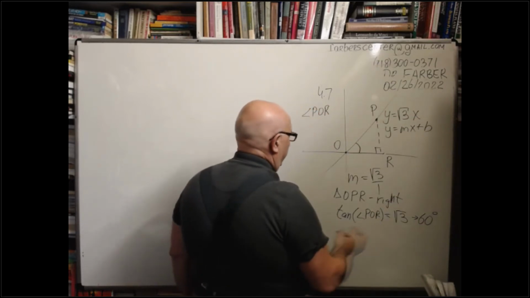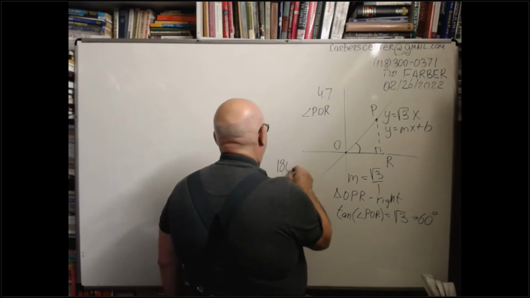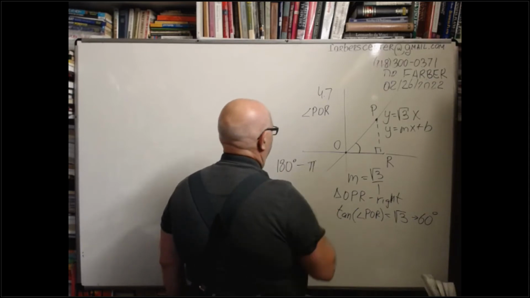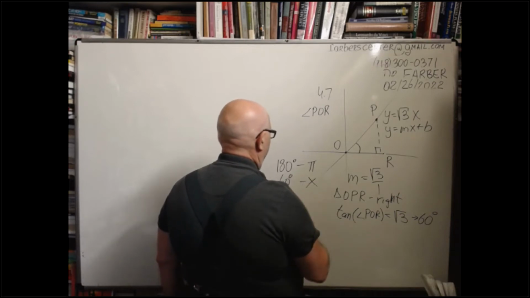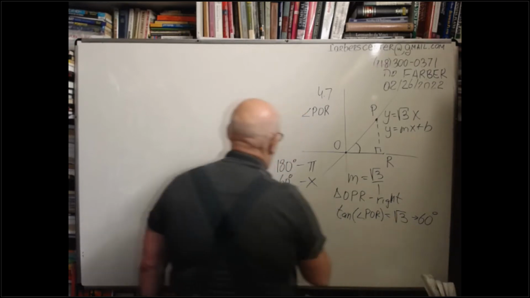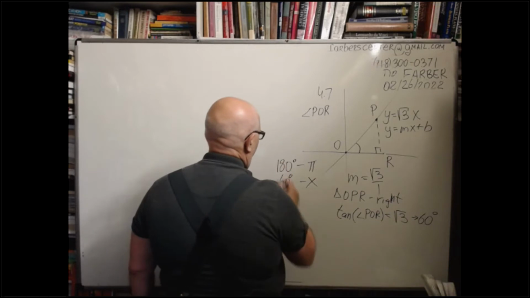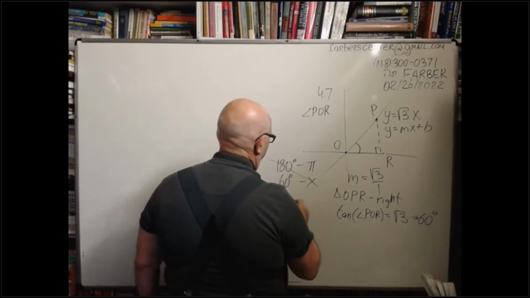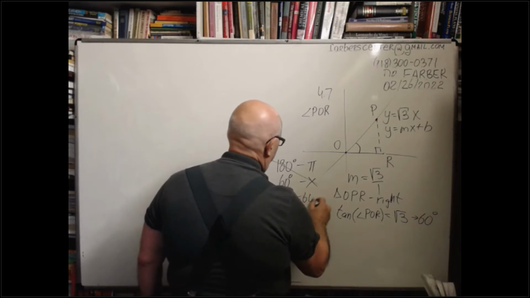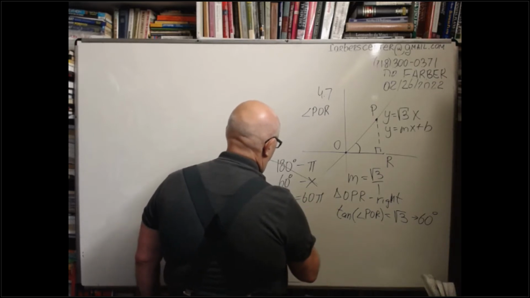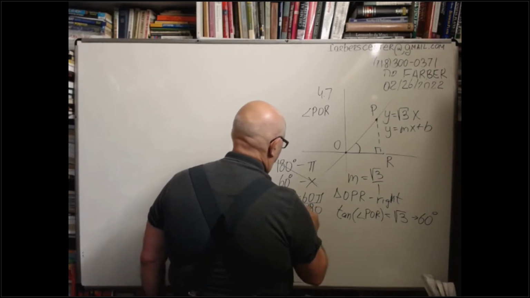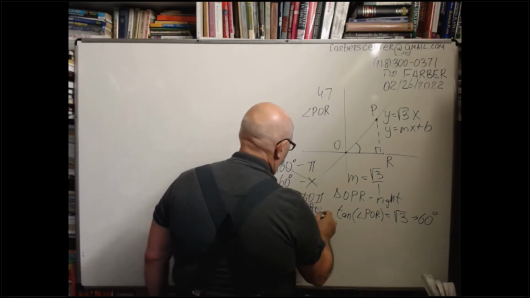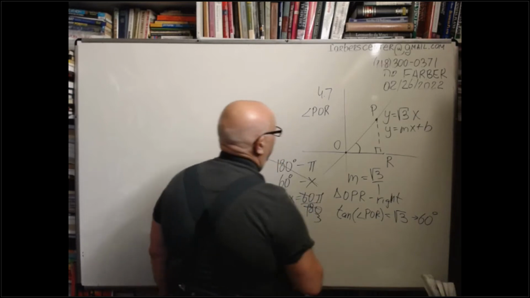And what is 60 in radians? 180 degrees is pi radians, and 60 degrees, I have no idea. Cross multiplication gives pi over 3. Or you can do it mentally: 180x equals 60 pi, divide by 180. The answer is pi over 3.